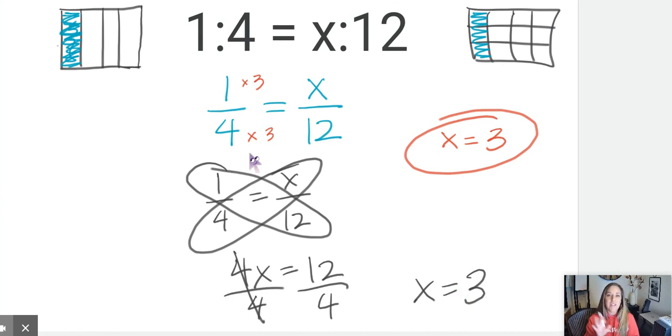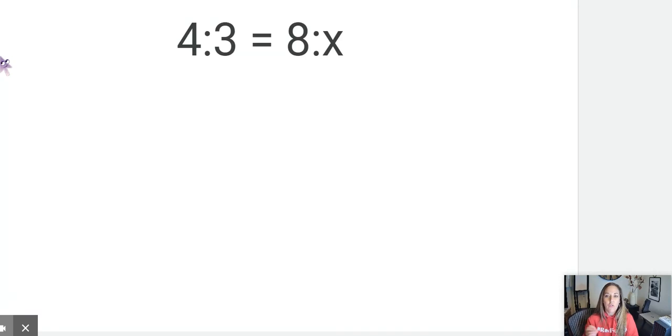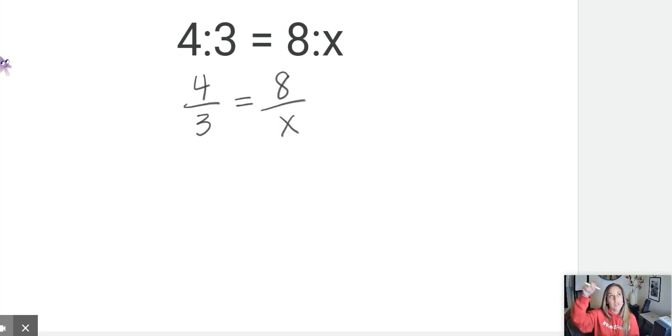And you don't have to set up the fractions like I did. Let me actually show you on the next one. Okay, so the next example: 4 over 3 is equal to 8 over x. And some of you are probably doing that mental math in your head. 4 times 2 is 8, so 3 times 2 is going to give us 6.